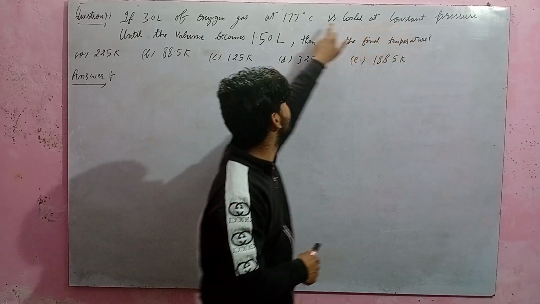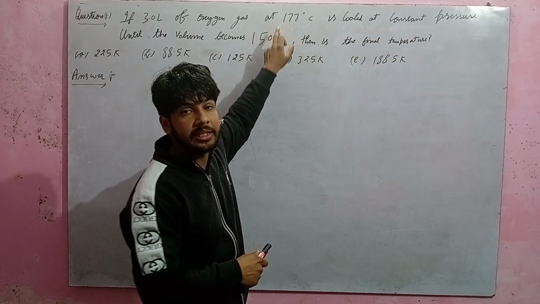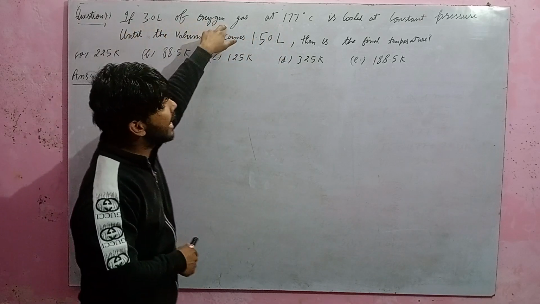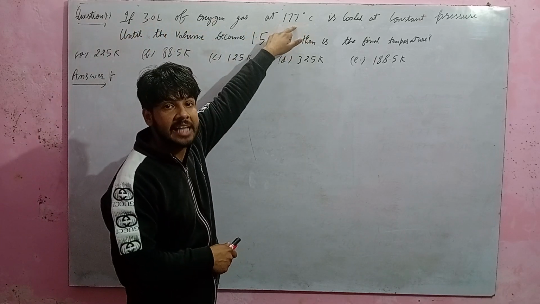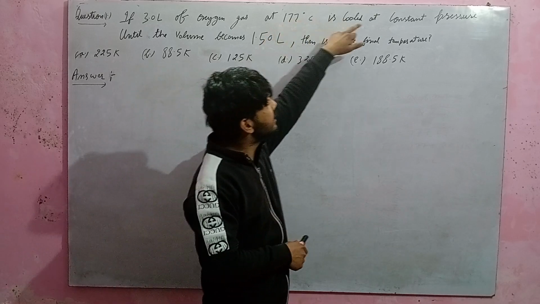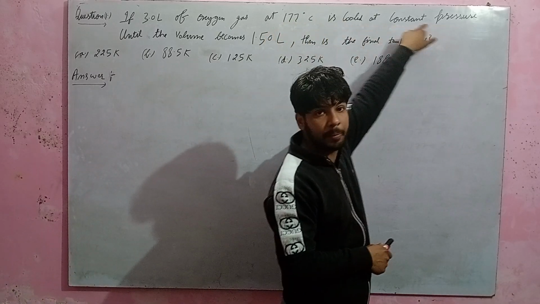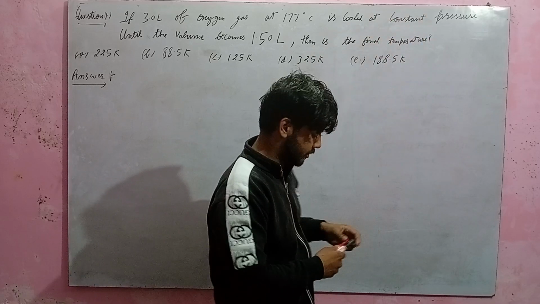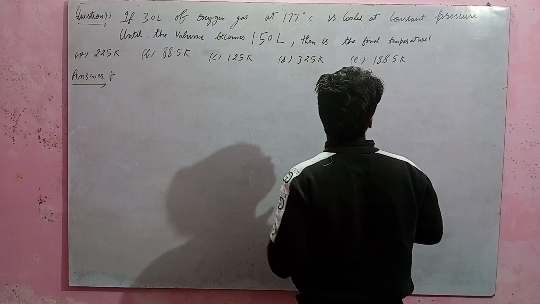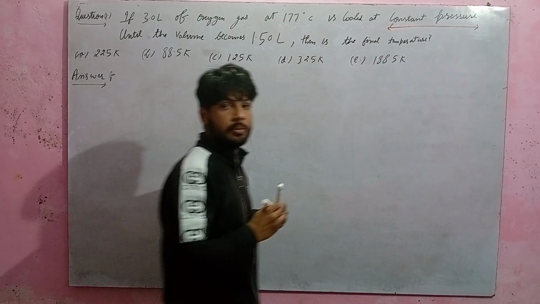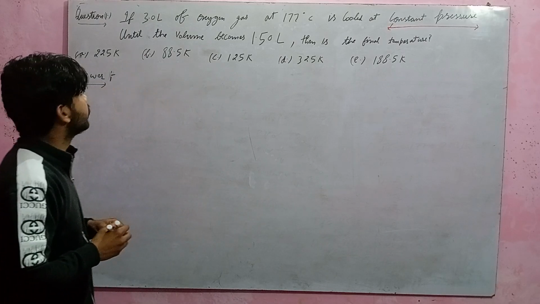From what temperature? 177 degree Celsius. That means initially the 3 liter oxygen gas has a temperature of 177 degree Celsius. So after decreasing the temperature with constant pressure, the process must be constant pressure.